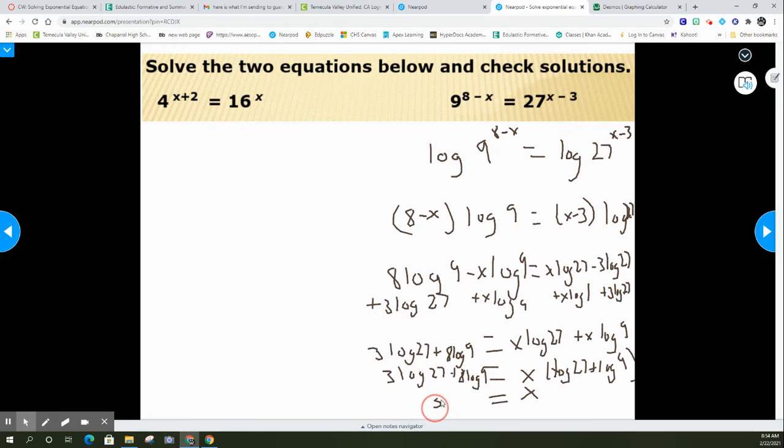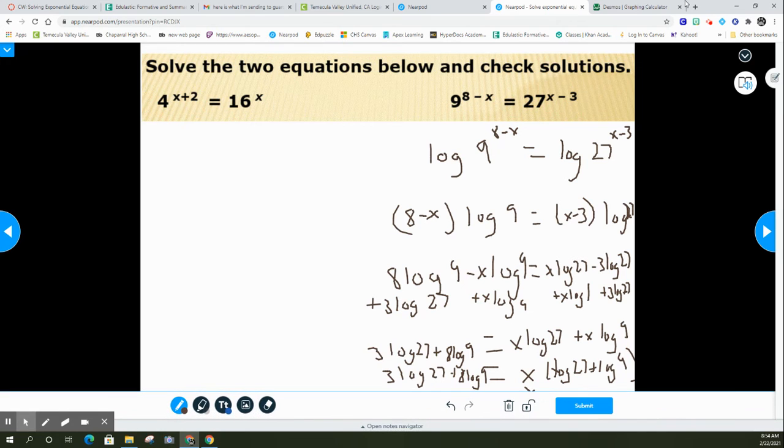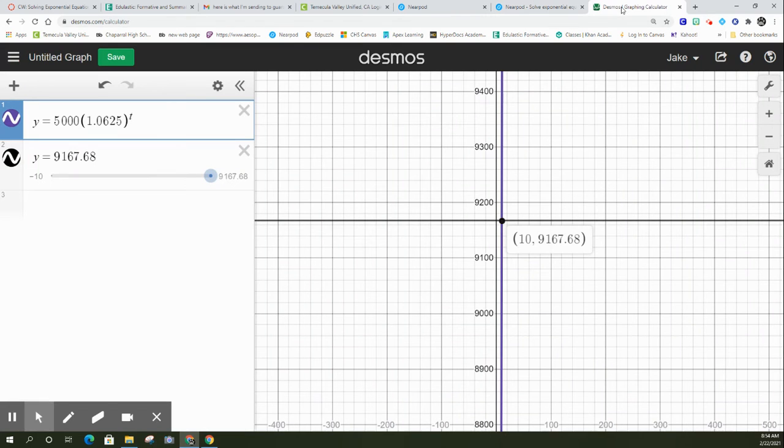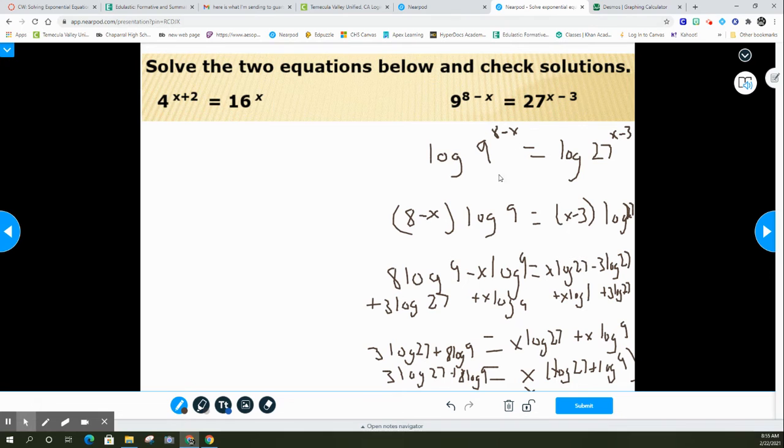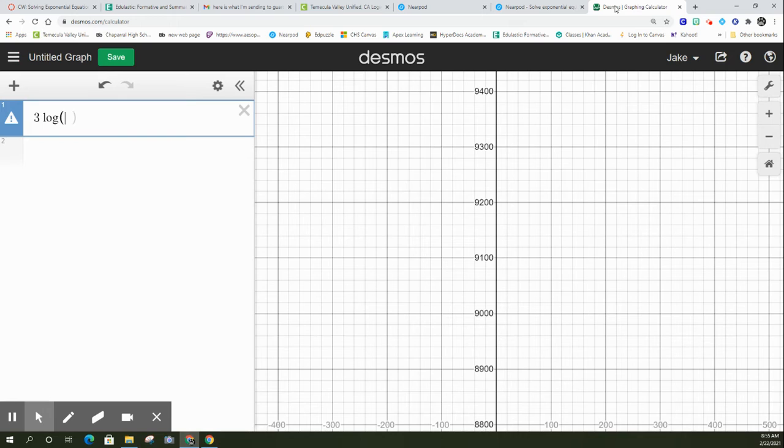5. So let's just check that out over here on Desmos. So if I go 3 log 27 plus 8 log 9, so 3 log 27 plus 8 log 9.